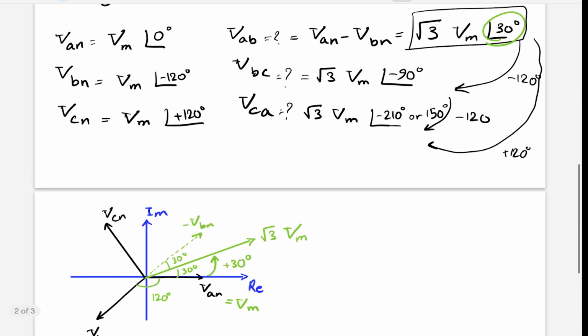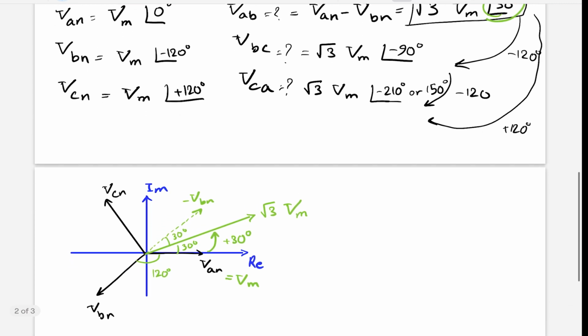And if we go minus 120 degrees, then we can find the other ones. If we go minus 120 degrees, this will be our VBC. As you can see, it has minus 90 degrees.